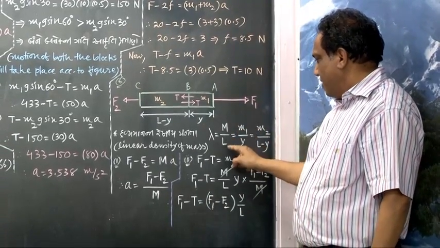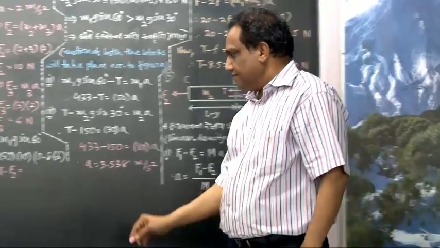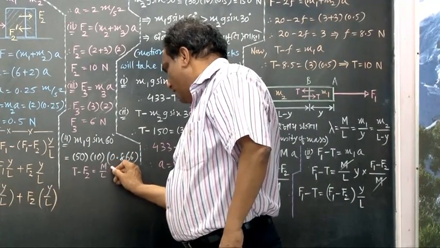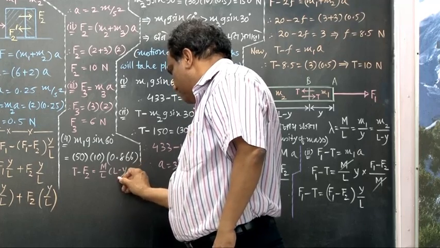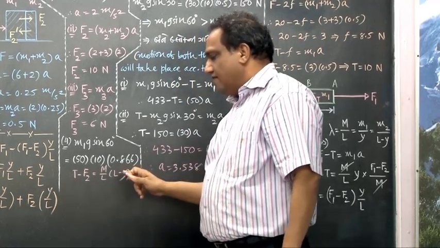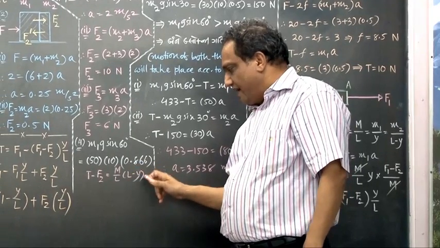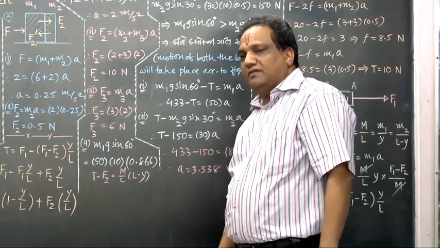Yes, M upon L into L minus Y. If you are not putting this bracket, what will happen?